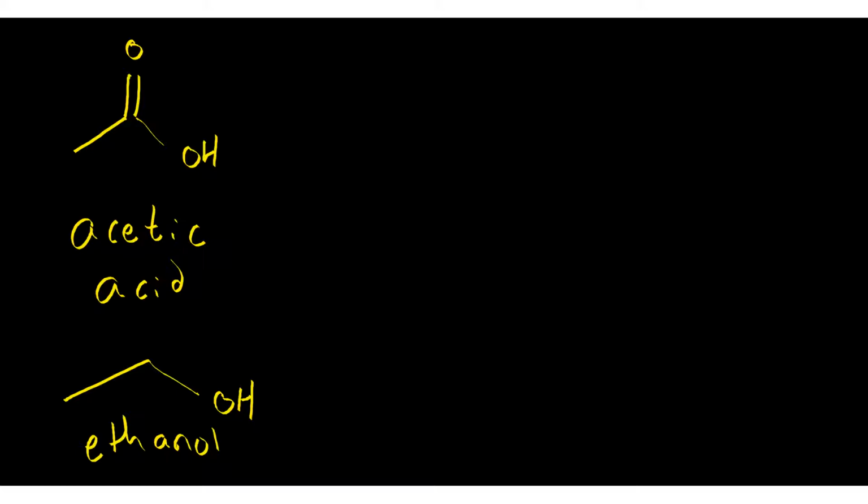And acetic acid up top is a weak acid. Ethanol down bottom is not a weak acid. Its Ka is something like 10 to the negative 15th. That is not an acidic proton. So why is that? Well, resonance. When you pop off that acidic proton up there on acetic acid, you get these two forms. Notice they look pretty much exactly the same.